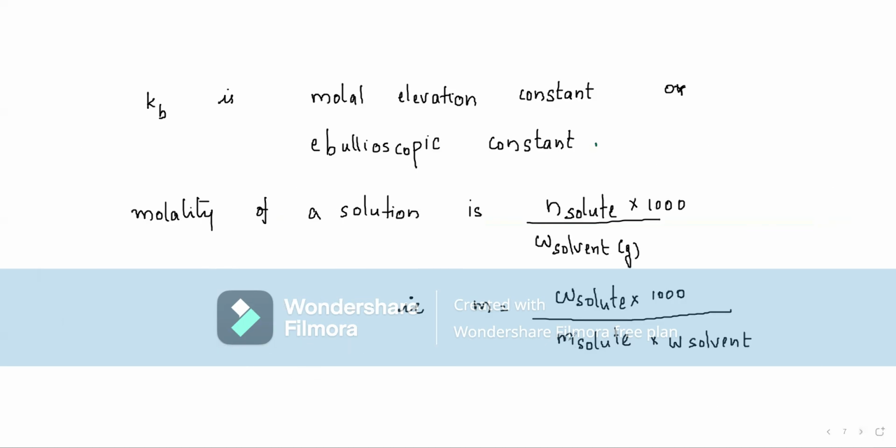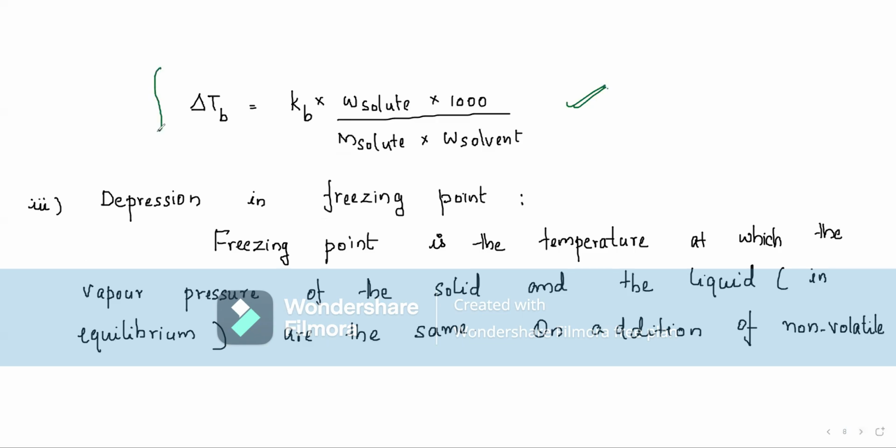That constant is specific for each solvent at a particular temperature, and the value of Kb will be given to you in the numerical. You don't have to learn the Kb value by heart because you don't know which solvent is given to you. Finally, we substituted for molality and got a new expression: delta TB is equal to Kb into weight of solute into 1000 by molecular weight of solute into the weight of solvent.